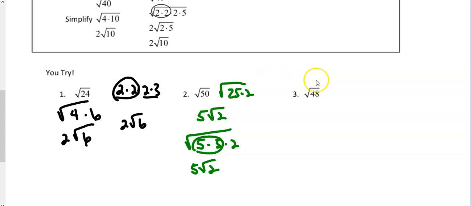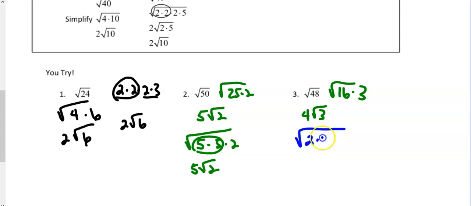The square root of 48, and this is where it becomes important that it's the largest perfect square. So this is going to be the square root of 16 times 3, or 4 square root of 3. But if I did the factorization of 48, that's 2 times 2 times 2 times 2 times 3.